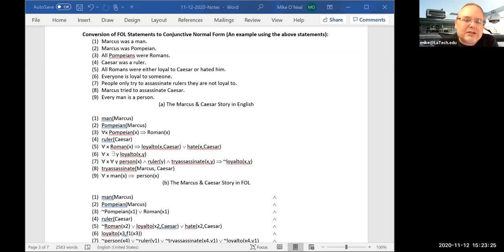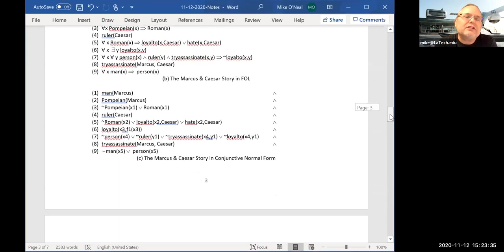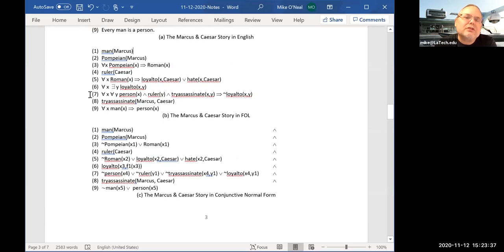Okay, y'all have gotten me distracted enough. We need to keep moving forward. So, conversion to conjunctive normal form. We've done the English, we're down to the sentences, but if we want to do resolution refutation proofs, we need to get these into conjunctive normal form.